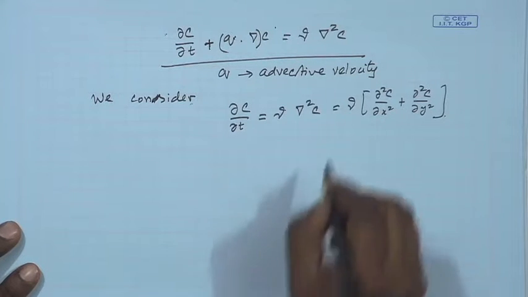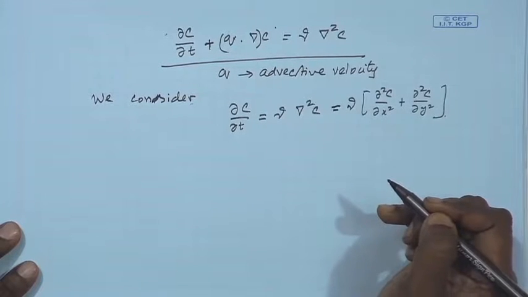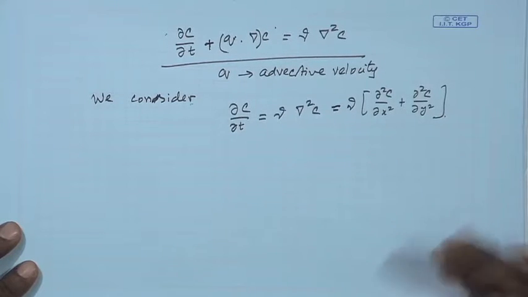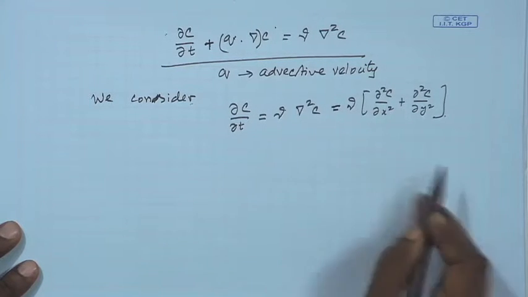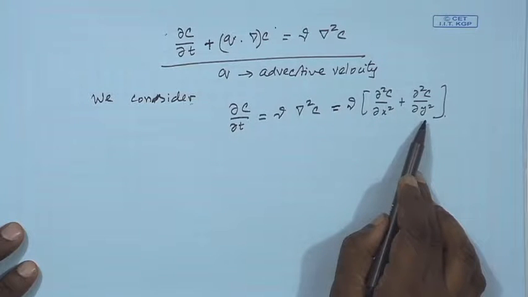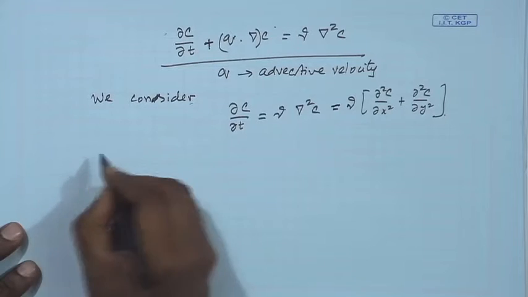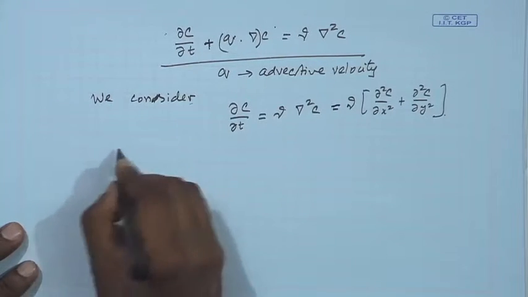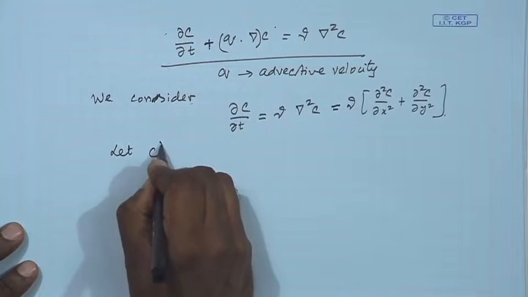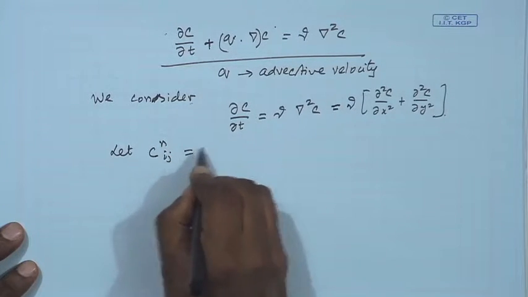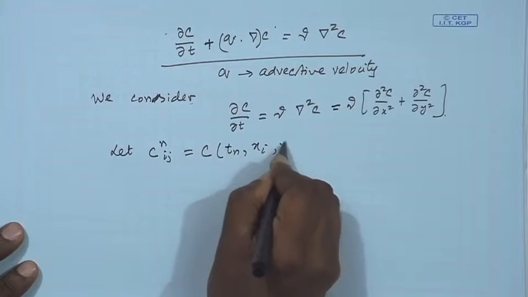Now, I just give one method. Of course, this is a variation of the Crank-Nicolson scheme. Again, this is like a parabolic PDE. Only thing is that it has a higher dimension, that is, both x and y are the variables. So, in this case, you want to compute c n i j, which is equal to c at t n, x i, y j.